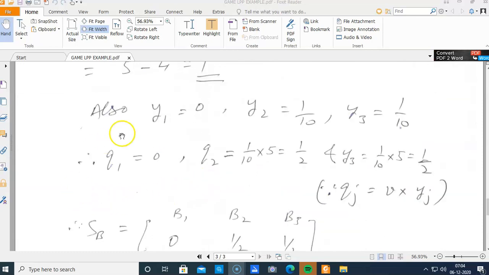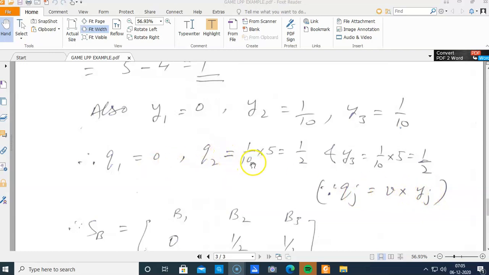Now let us find these pi's and qi's. We have y1 equal to 0, y2 equal to this and y3 equal to this. There is a relation between yj and qj. We have learned earlier that yj was equal to qj upon v, so qj is equal to v into yj.